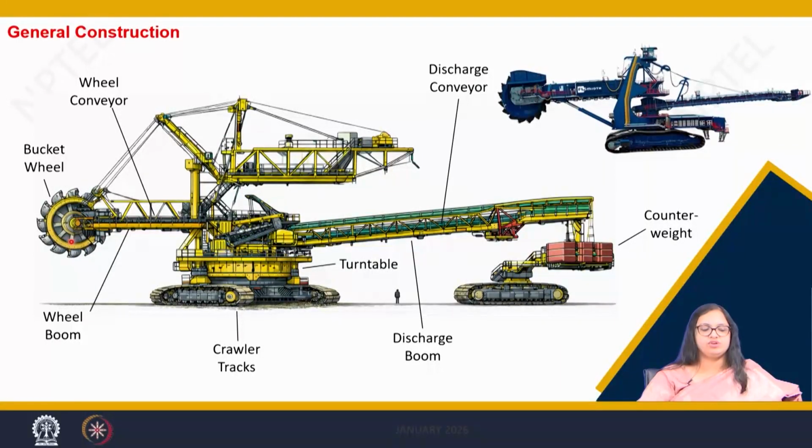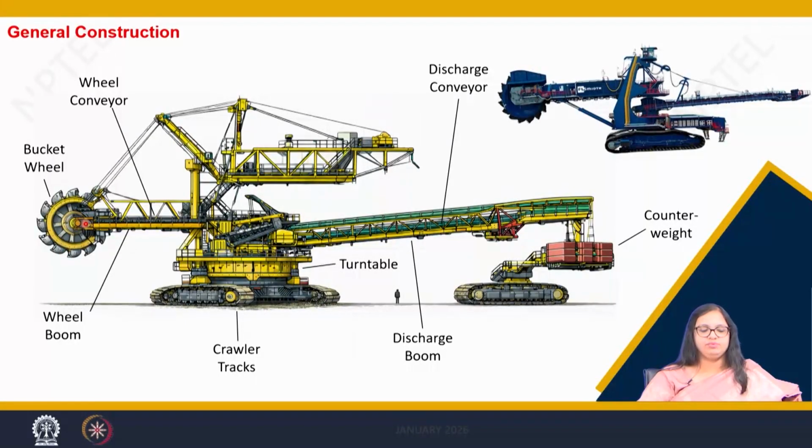Now coming to the general construction of this machine, as you can see, there is a series of buckets arranged on the periphery of a wheel, which we call the bucket wheel.